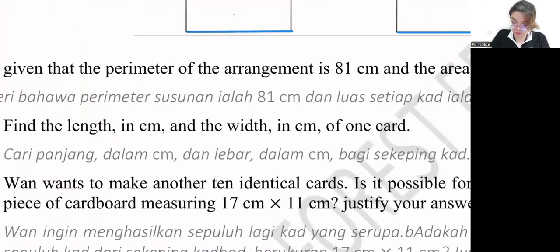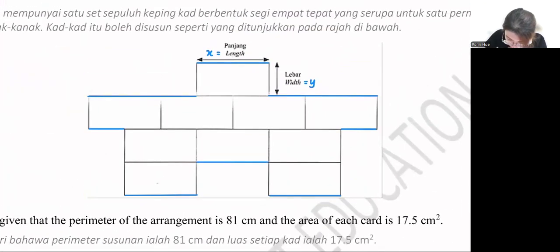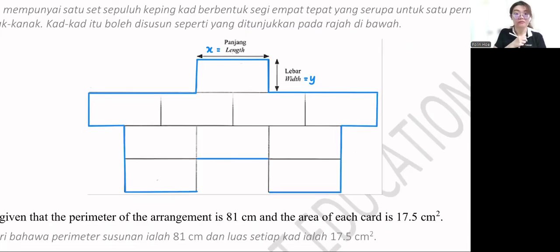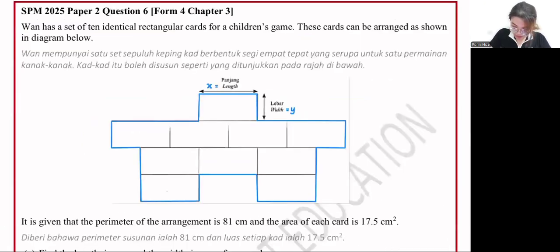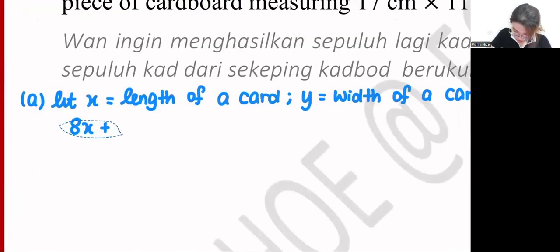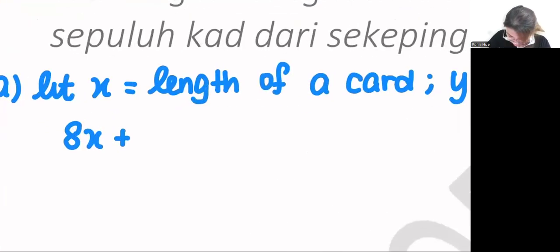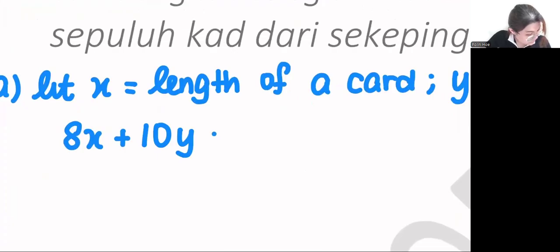When you sum up everything horizontally, you get 8x. Plus, how many y are there? 1, 2, 3, 4, 5, 6, 7, 8. 8y. Finished? No, here there are 9, 10. So 10y, equals 81.